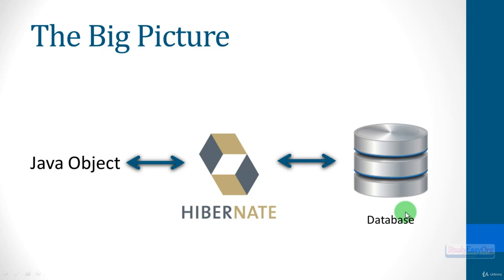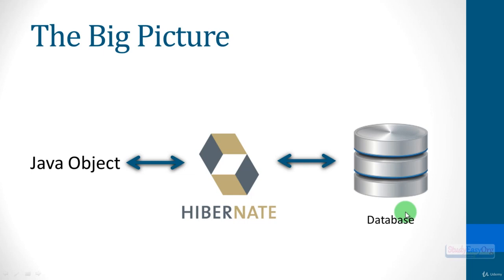Hibernate sits between your Java application and database, and we simply need to pass in the object of Java. Hibernate internally converts the Java object into a query based on the information inside your Java object, and fires the query on your database. Likewise, using Hibernate, we can also get information from the database, and the information would be in the form of a Java object.